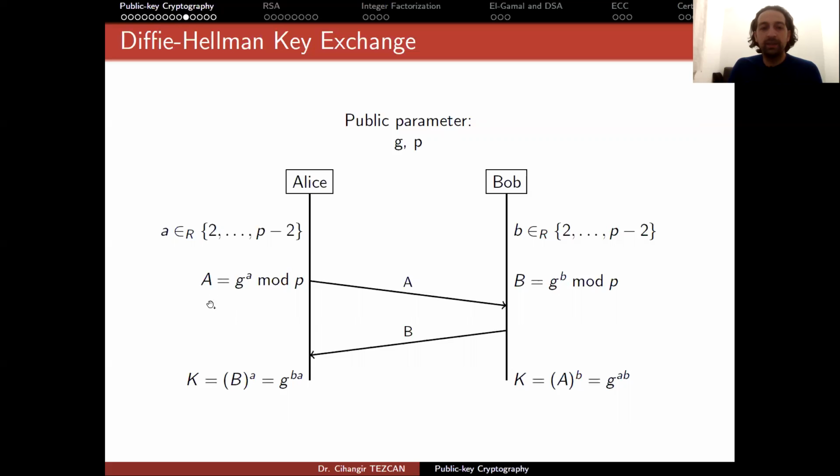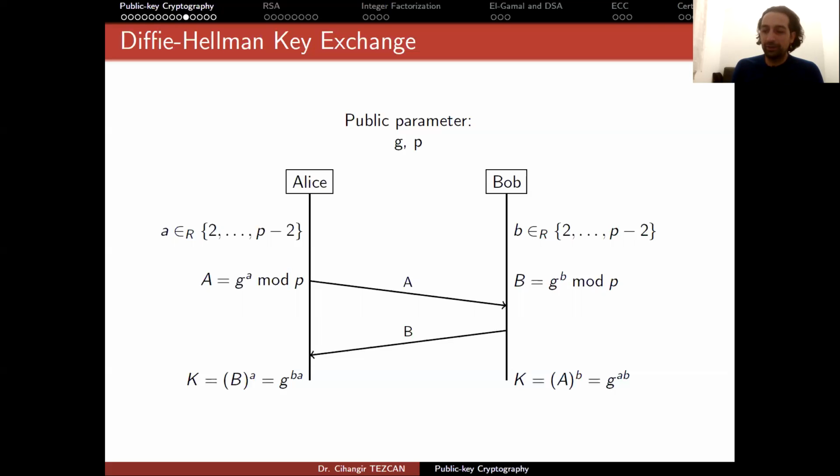So the problem is, by knowing capital A, G, and P, can you find small a? This is actually the definition of the discrete logarithm problem. If you can solve this problem in a fast way, then yes, you can get small a. And since you already listened to the communication and captured B, you can take the a power of it and capture the secret. But we assume that the discrete logarithm problem is a hard problem. This is why the attacker cannot solve it.